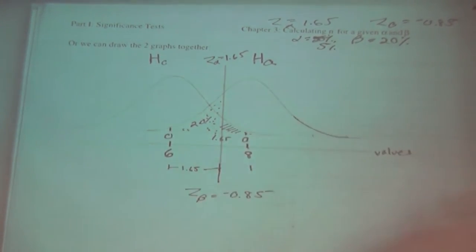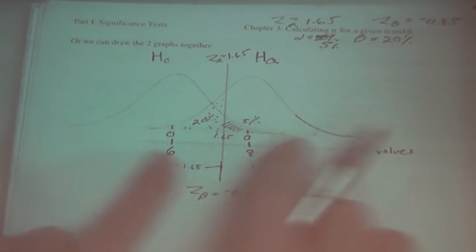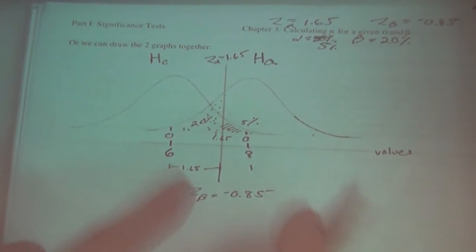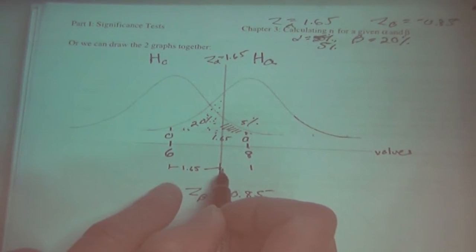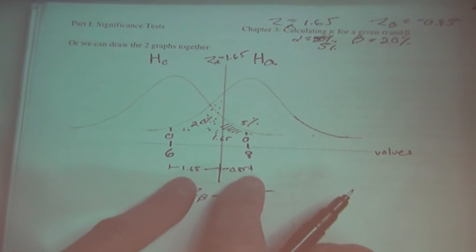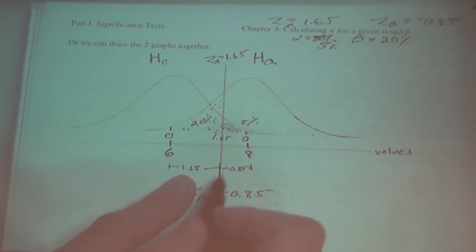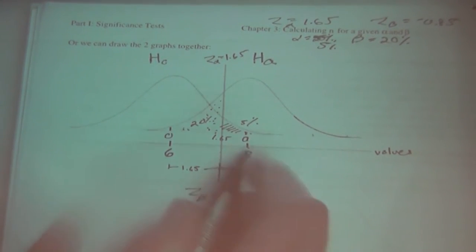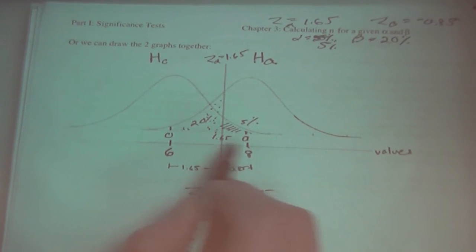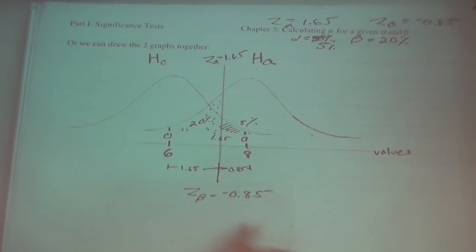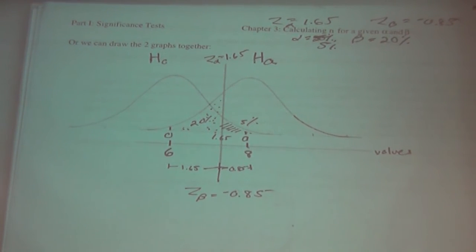This is our 5%, okay? So that's what we've specified. So this distance right here, isn't that 0.85? Boy, is that easy to see? From here to here is 1.65, and from there to there is 0.85. Right? It's a distance, isn't it?